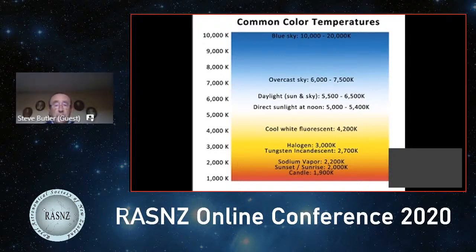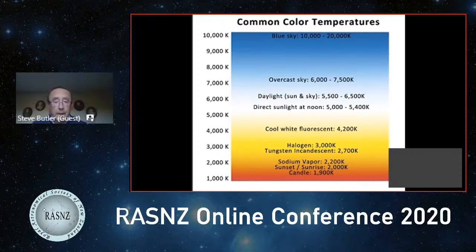A blue sky in the middle of the day, typically looking away from the sun, so if in the southern hemisphere, you turn around and look upwards towards the south, you would get colour temperatures of around 10 to 20,000 degrees Kelvin. An overcast sky drops dramatically down to about 6,000 or 7,000 Kelvin. And direct sunlight at noon, with that filtering effect of the atmosphere, is around 5,000 to 5,400 Kelvin.